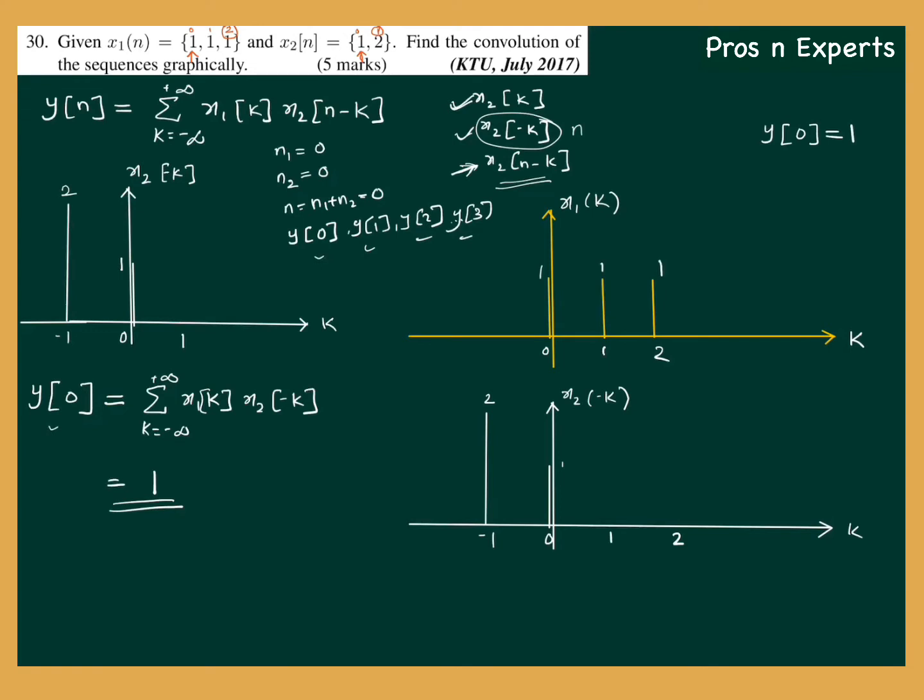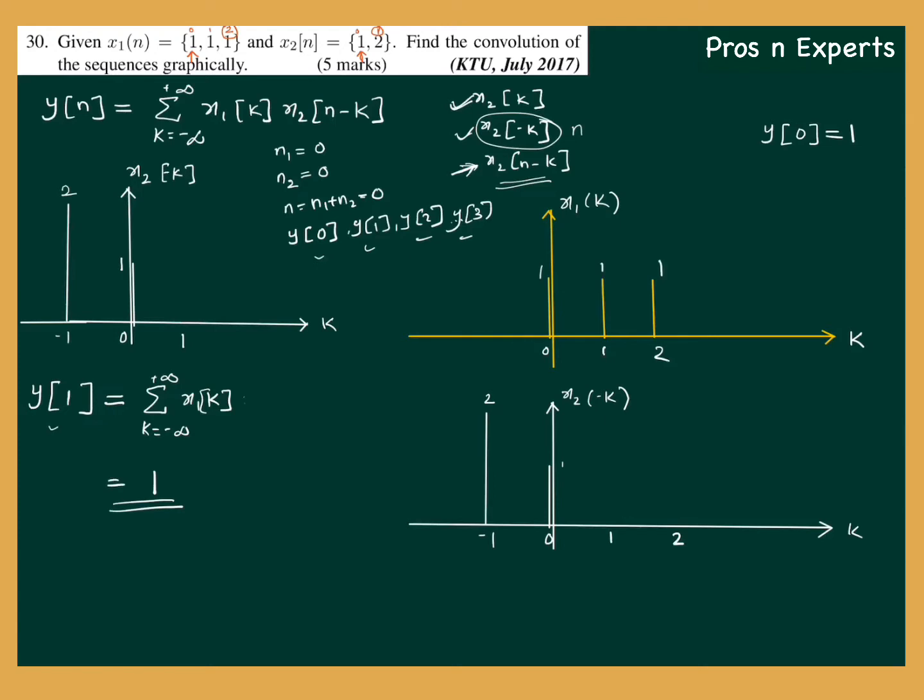Next, our aim is to find out y of 1. So we have to make necessary changes in the equation. y of 1 from the parent equation should be sigma x1 of k into x2 of 1 minus k, as you're replacing n with 1.